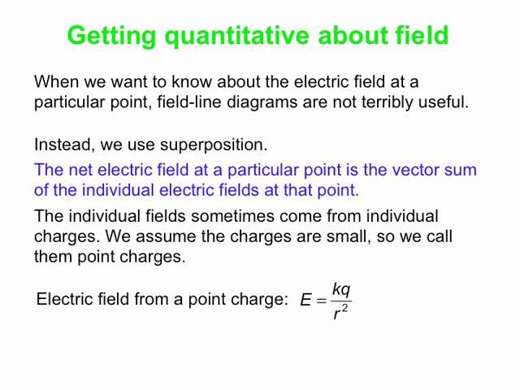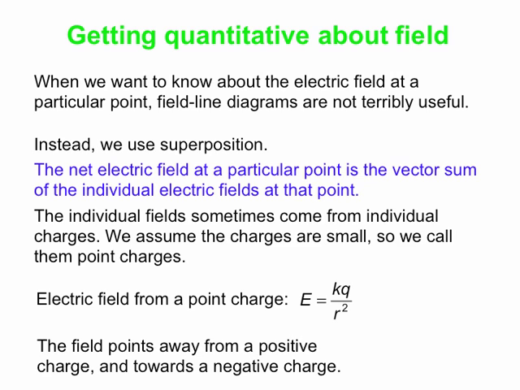So r is the distance from the charge itself to some point where you're interested in calculating the field. That's the magnitude, kq over r squared. And again, the direction is away from a positive charge and towards a negative charge. So here's a charge at some location. I'm going to pick a point nearby. The field at that location nearby is away from the charge if it's positive, back toward the charge if the charge is negative.